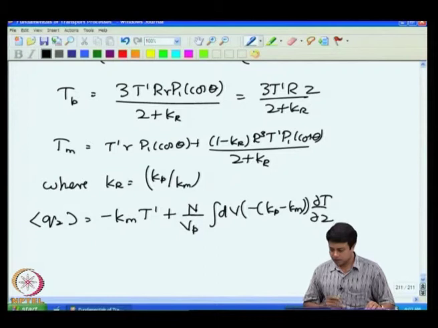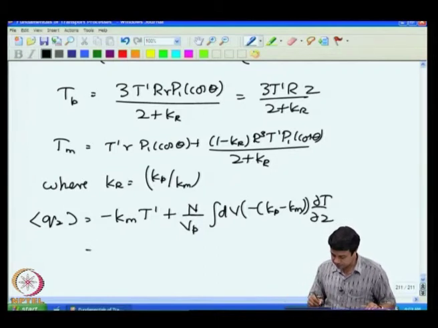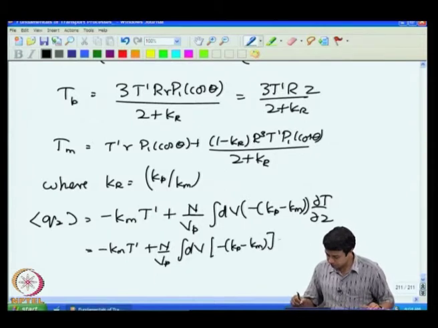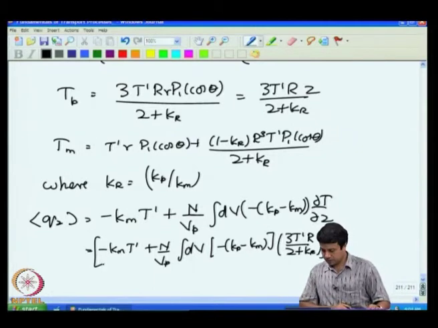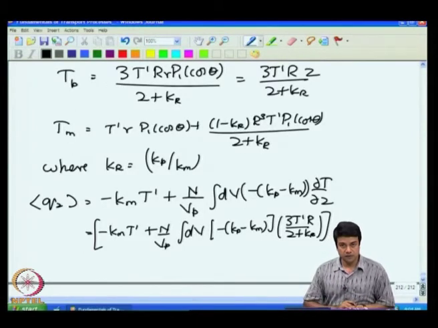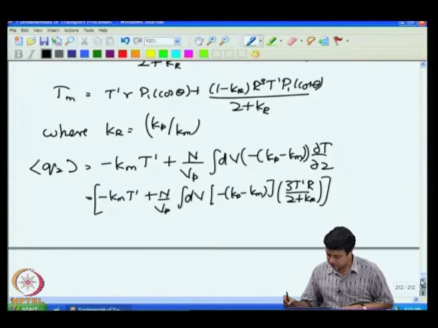If I take the derivative of this with respect to z, this becomes minus Km T prime plus n by V integral over the volume of minus of Kp minus Km into 3 T prime by 2 plus Kr. This derivative is independent of the particle volume position. This derivative is just a constant. So, I can just take it out of the integral sign.